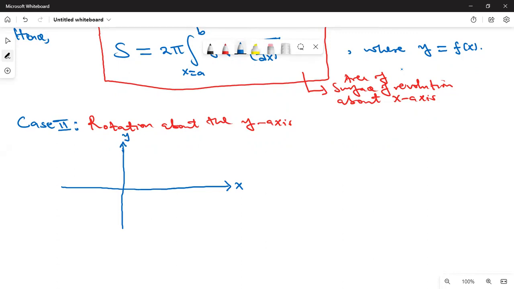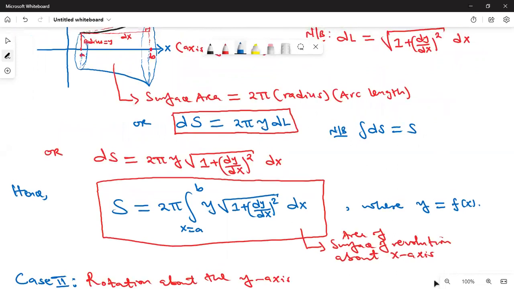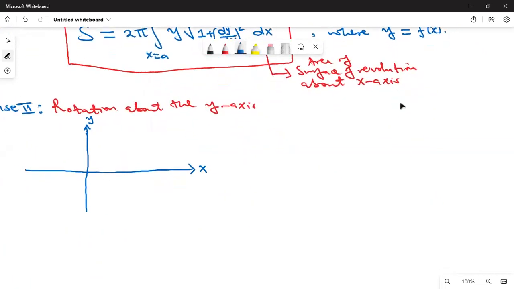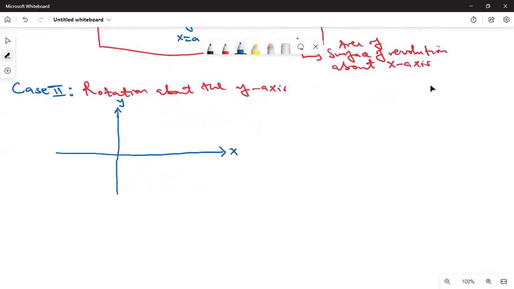So our curve is something like this. But now you see we are rotating about the y-axis. So let's say we have something like this, such kind of a curve. That is still y equal to f of x.